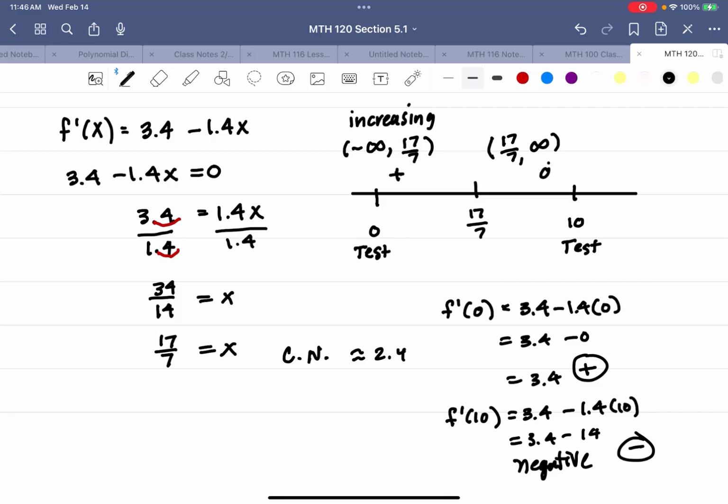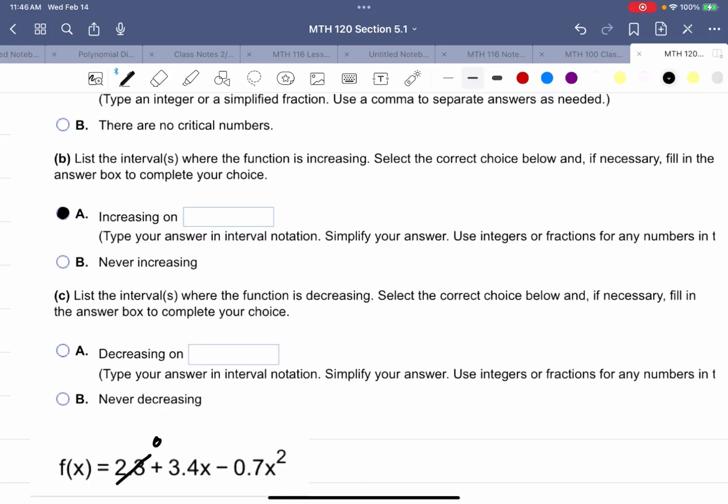So it's decreasing on this side. It's increasing from negative infinity to 17 over 7, and it's decreasing from 17 over 7 to positive infinity. And make sure that you use open intervals, and that is parentheses on both ends.